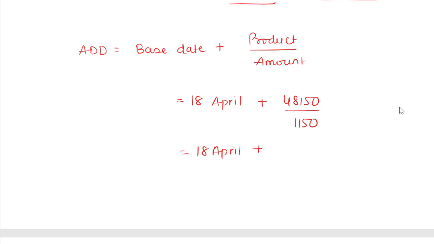So 18th April plus 42 days. 30th May is the average due date. I believe you understood.